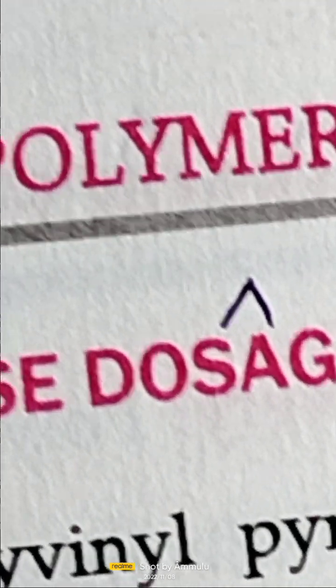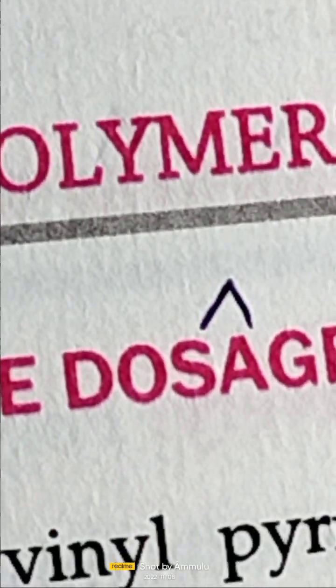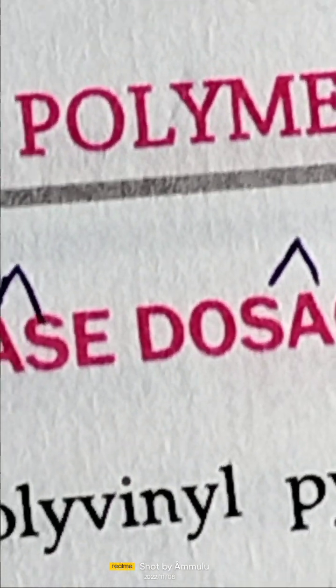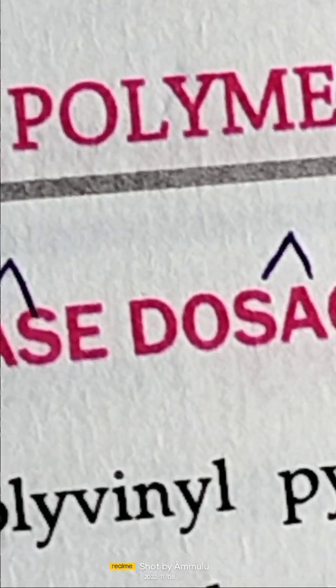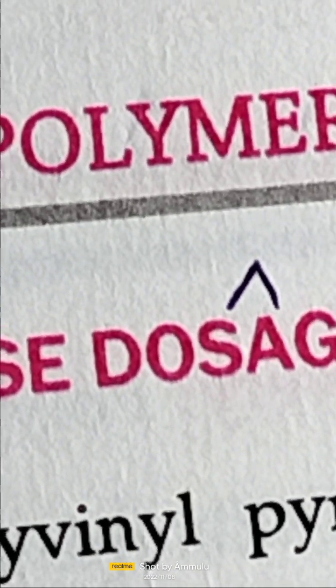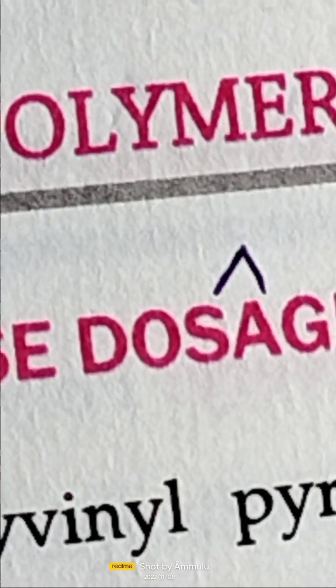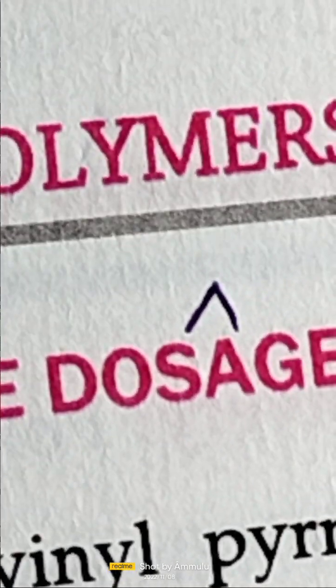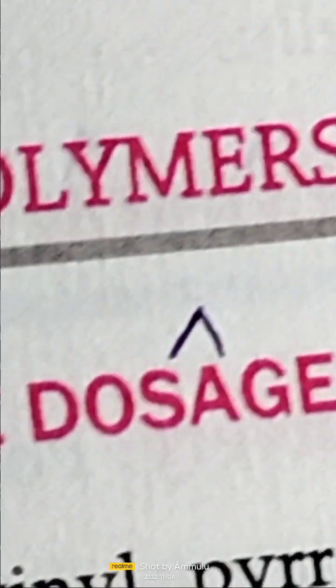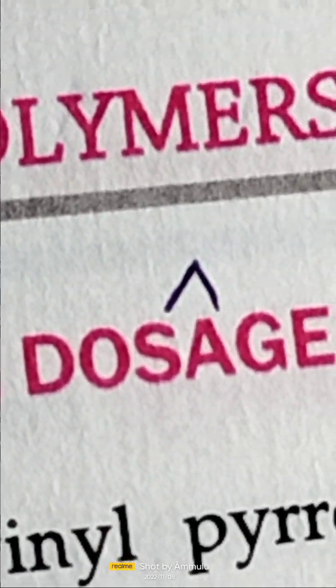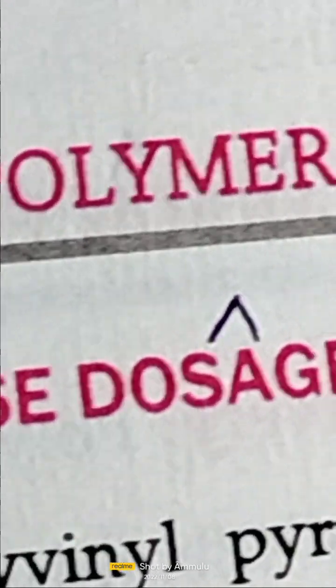Various thiolated polymers include chitosan and polyacrylic acid, thioglycolic acid, alginate, polymethacrylic acid, and sodium carboxymethyl cellulose. These come under the thiopolymers.